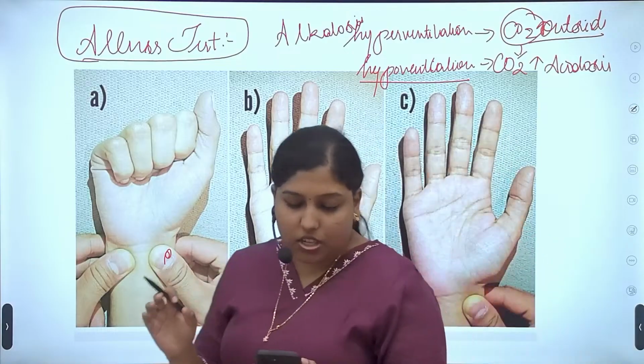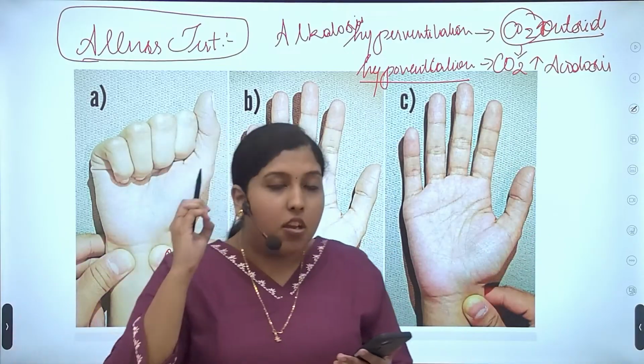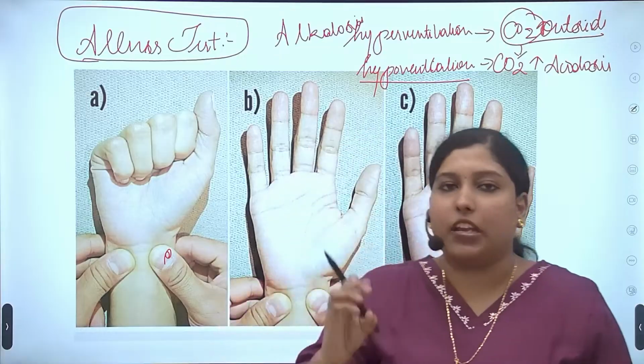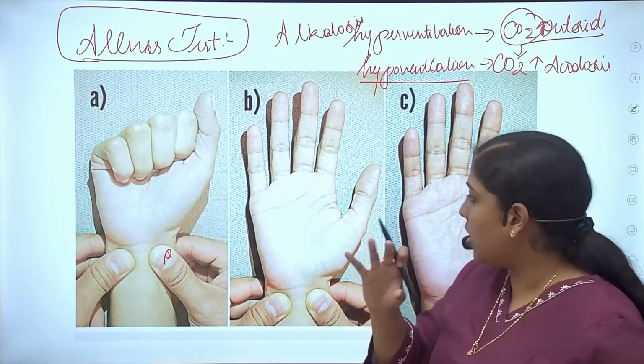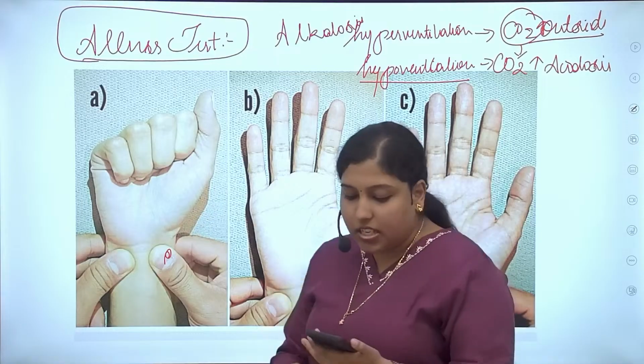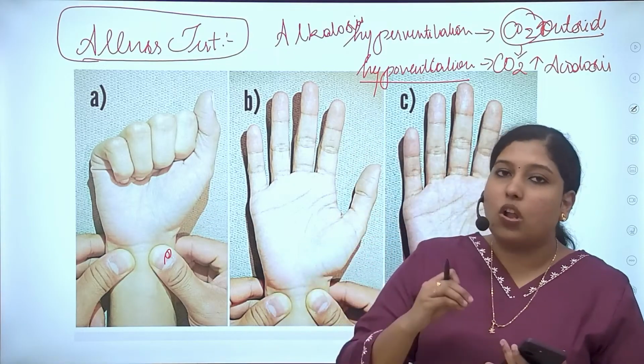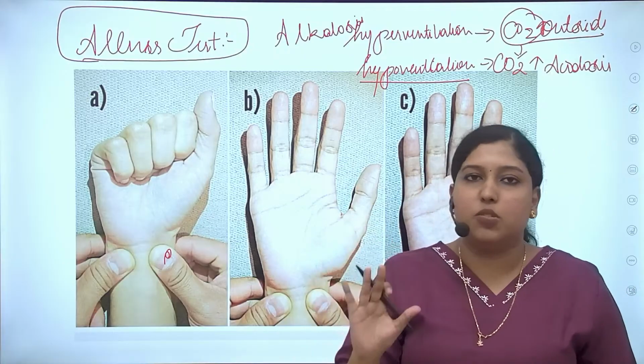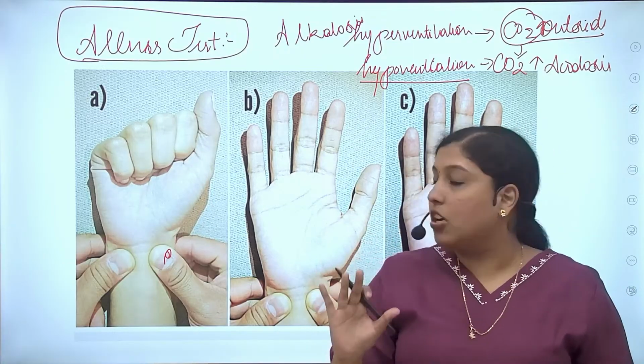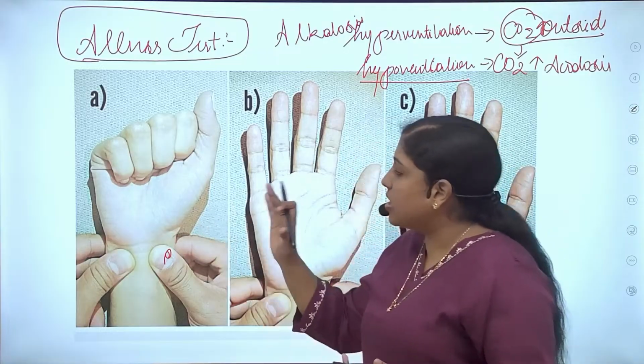If my ulnar artery is working well, then the circulation is fine to go with. So Allen's test is basically done to identify whether the collateral circulation is present.